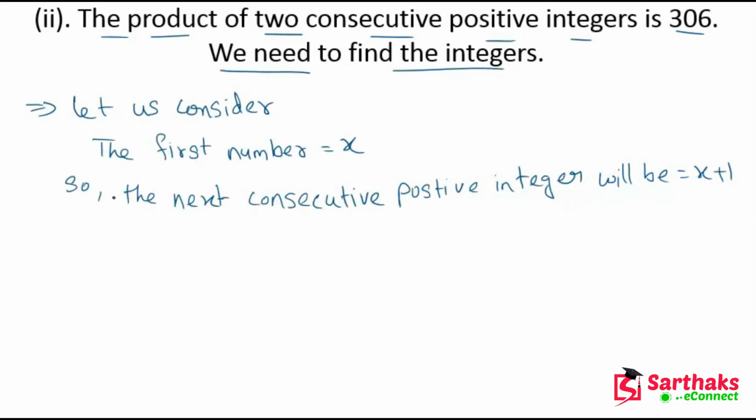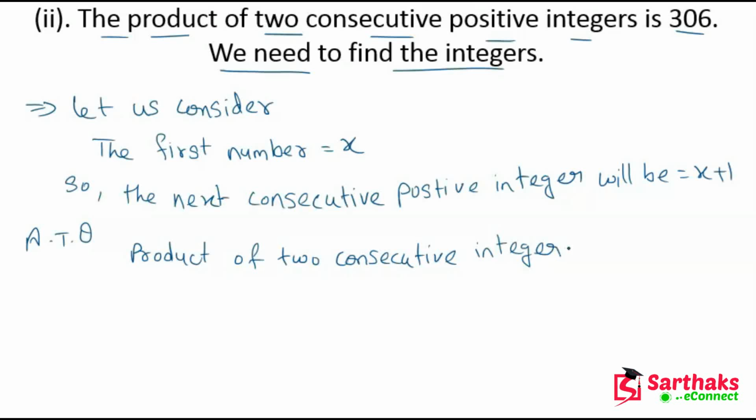So now, according to the question, the product of two consecutive integers is x into (x plus 1), which is equal to 306.